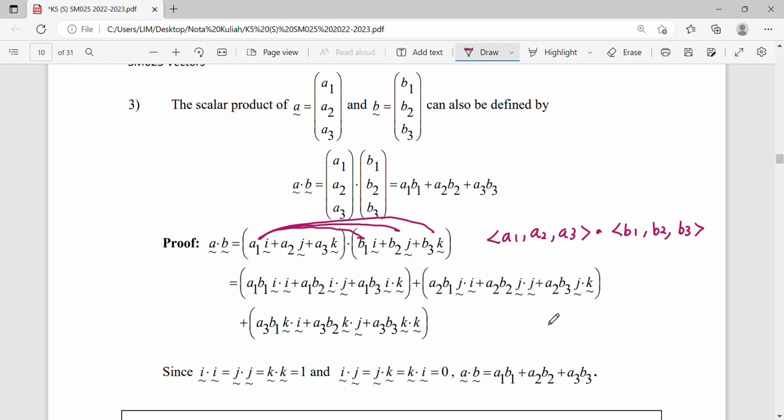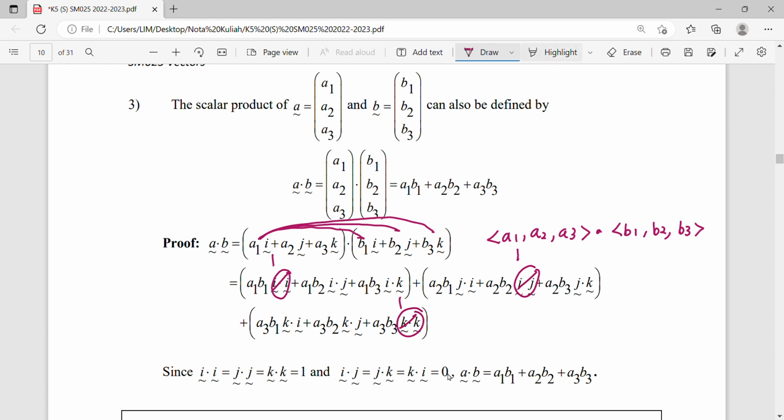continuously. Okay, so vector i and vector i are unit vectors from the x-axis. When you're doing the dot product, it will give 1. So this value will become 1. j with j also becomes 1. k with k also becomes 1. Meanwhile, for the other vectors like i and j, or j and k, when you do the dot product, it will give you 0.